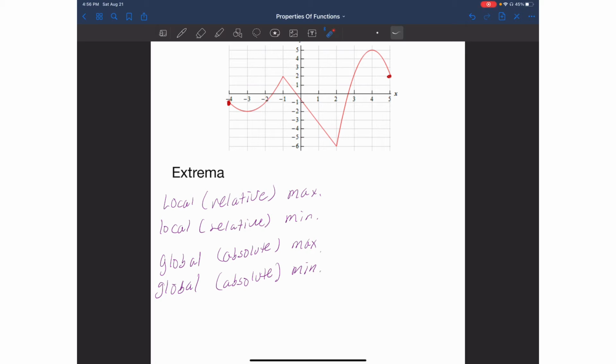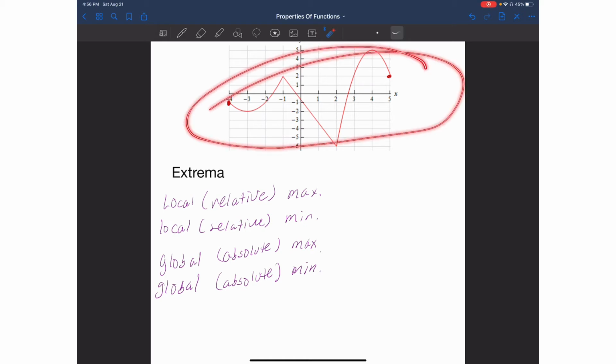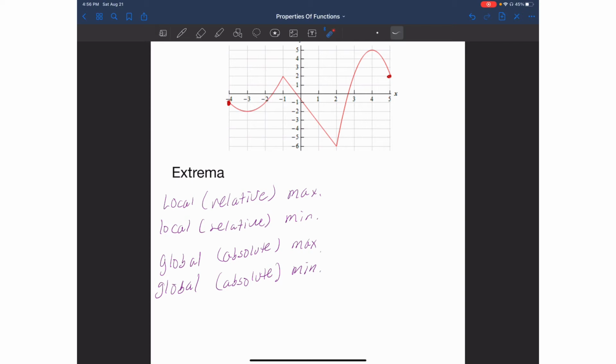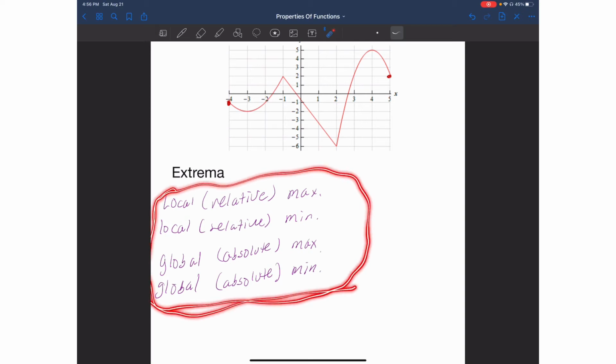When we talk about global, it's going to be the opposite. It's going to be the highest out of the whole graph. When we talk about absolute minimum, we're talking about the absolute lowest point on the graph. So we're going to figure out how many extrema we have on this graph, and then we're going to label them accordingly to see in which one of these categories they fit.